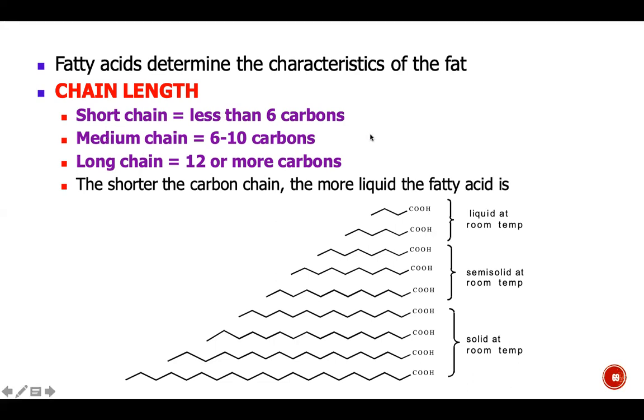So short chain is less than 6 carbon, and medium chain is normally in the normal situation. Normally we call them SCFA, short chain fatty acid, MCFA, medium chain fatty acid, and long chain fatty acid. In terms of nutrition, especially the SCFA and MCFA have certain nutritional value. It is exactly like the peptides.